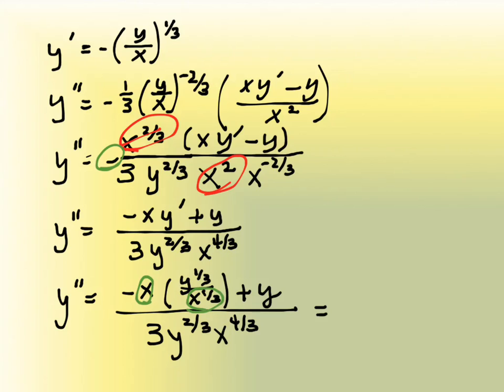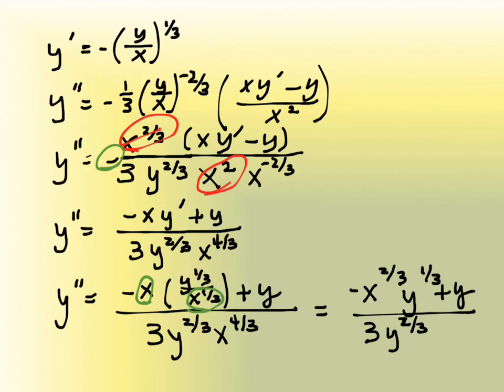So this becomes negative x to the 2/3, because basically we have the number 1 minus the 1/3. That doesn't look like a third, that's 2/3. Y to the 1/3 plus y over 3y to the 1/3. No, it's not 1/3, that's 2/3. And x to the 4/3.